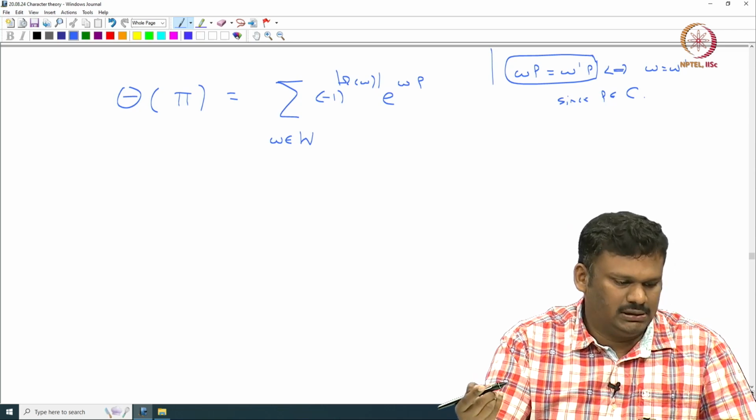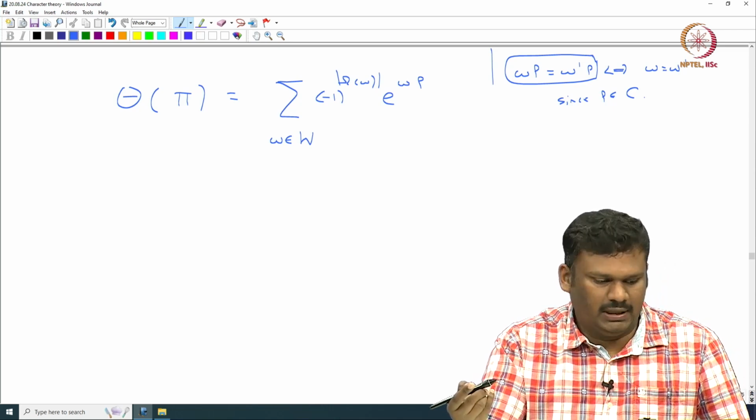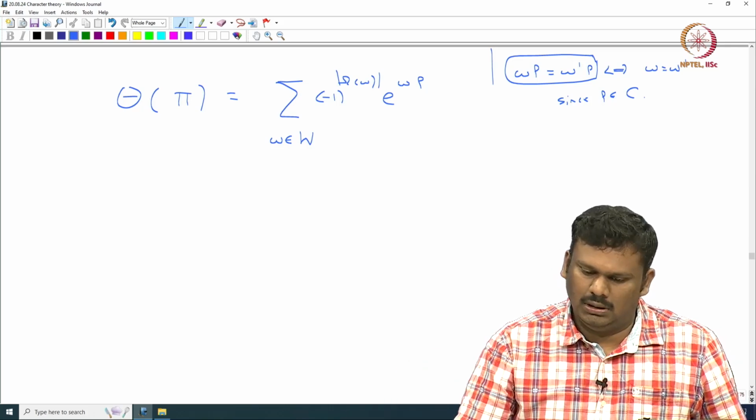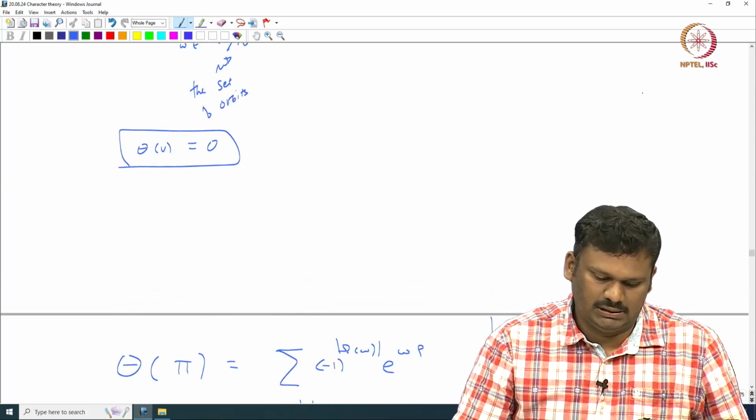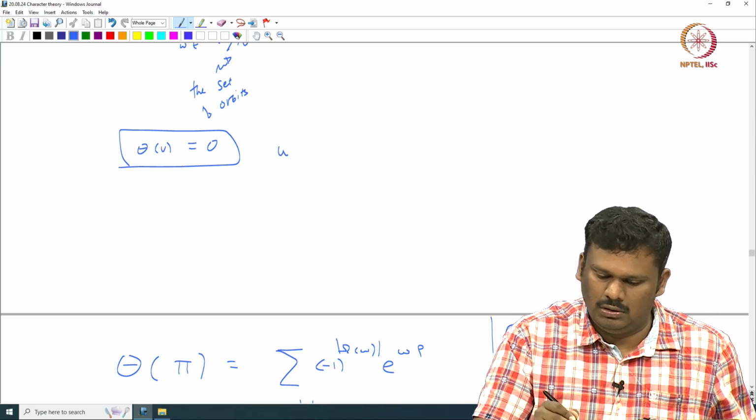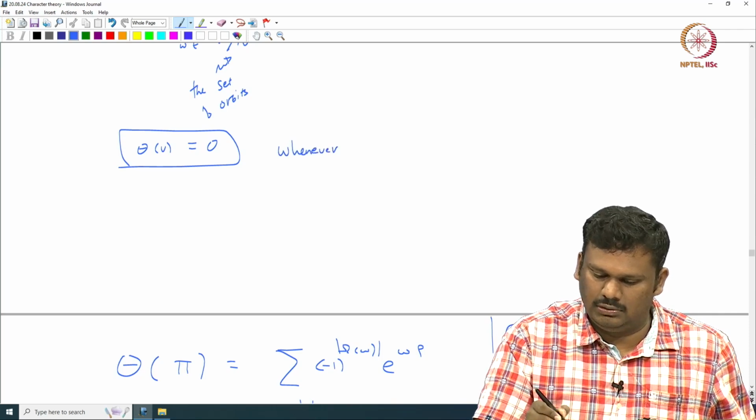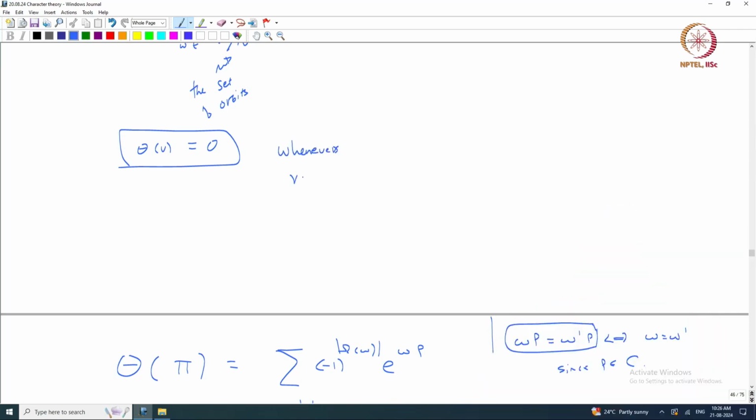So, this is something you get from observing that theta v is 0 whenever this v lies inside one of the hyperplanes h beta for some beta in delta.